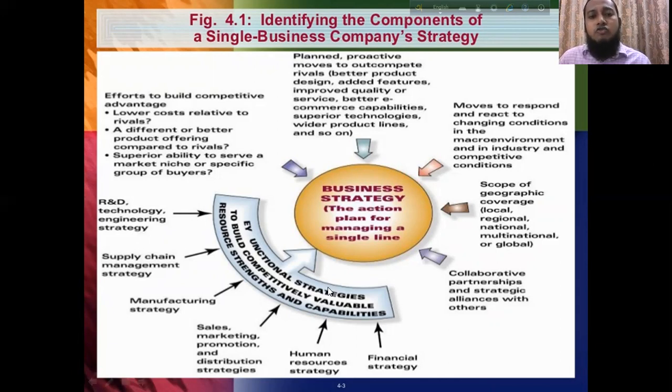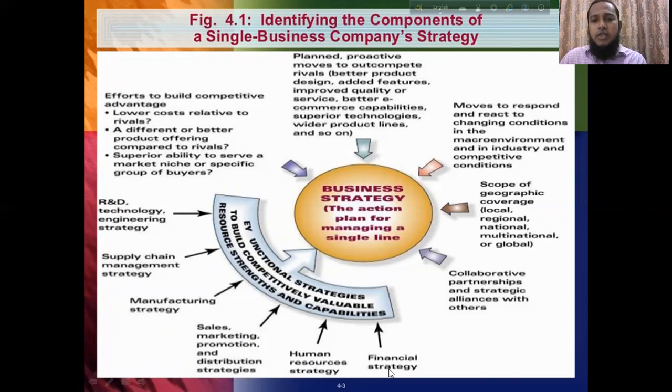Key functional strategies to build competitively valuable resources, strengths and capabilities. Okay, in order to build competitively valuable resources, strengths and capabilities, a company also needs to develop financial strategy, human resource strategy, sales, marketing, promotion and distribution strategy, manufacturing strategy, supply chain management strategy, research and development, technology, engineering strategy.